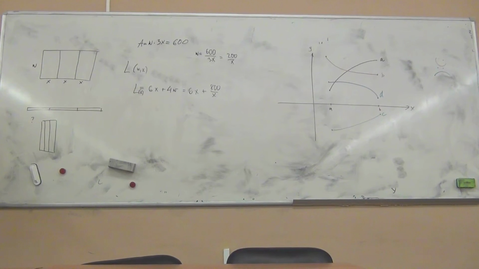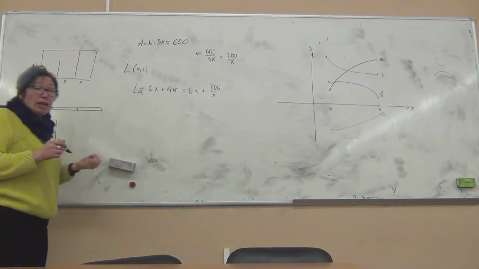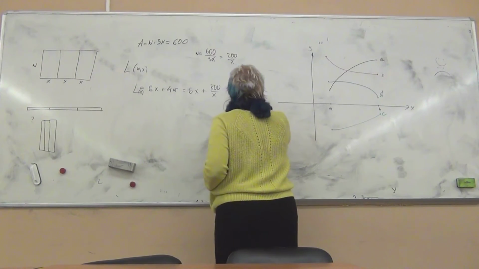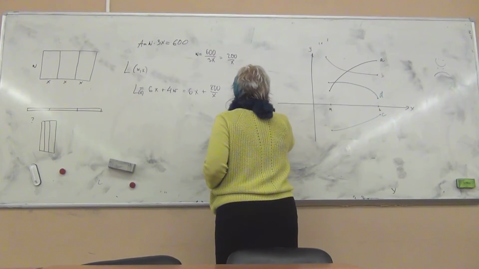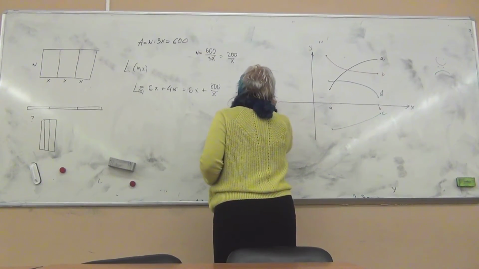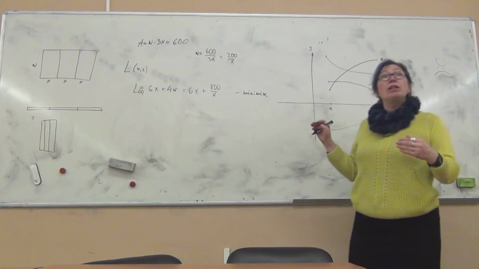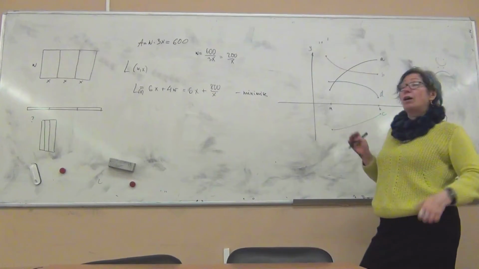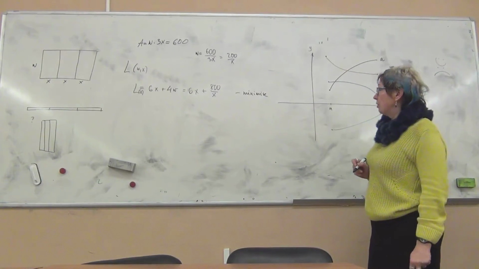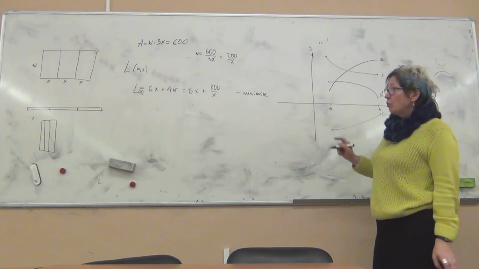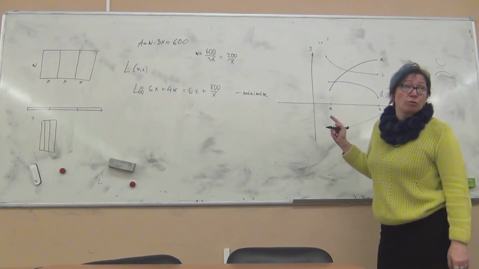For what value of x will the total length of all walls be the least possible? So I need to minimize. I want to minimize the total length of walls so that I would have to spend as little money as possible. So how do we find the minimum of a function?